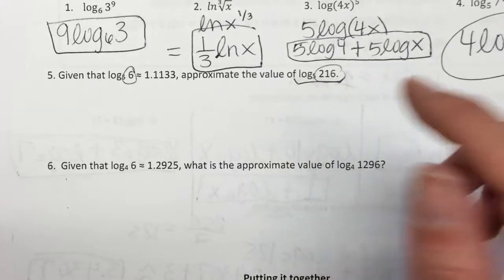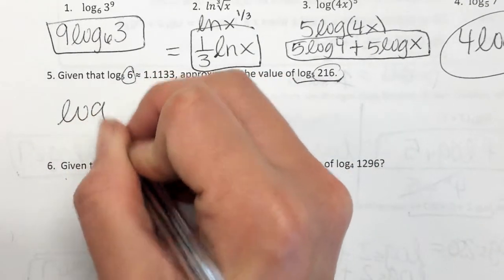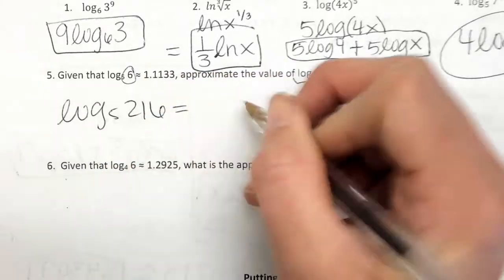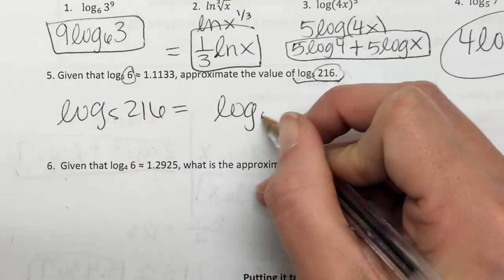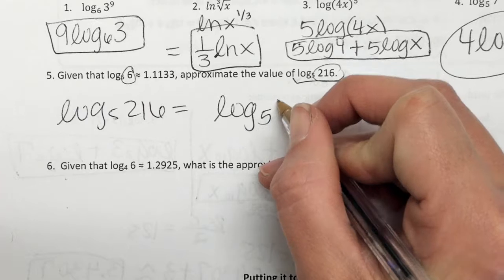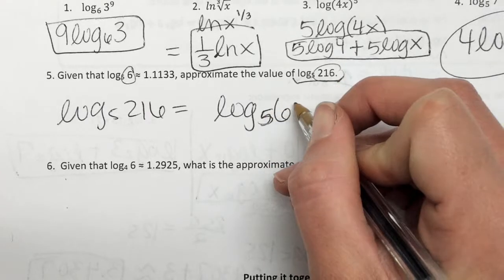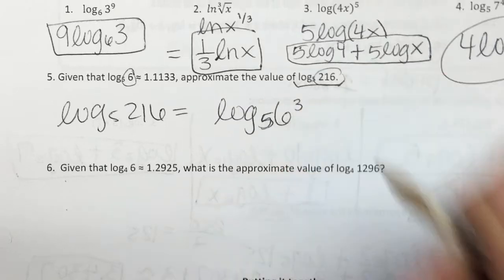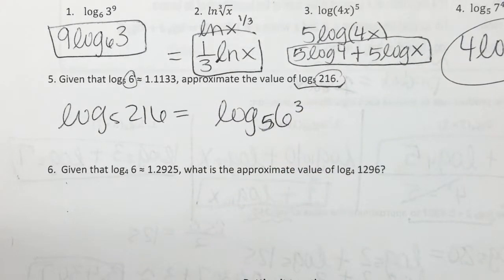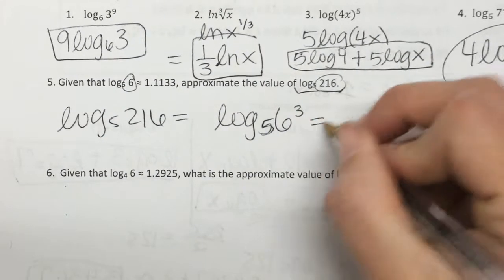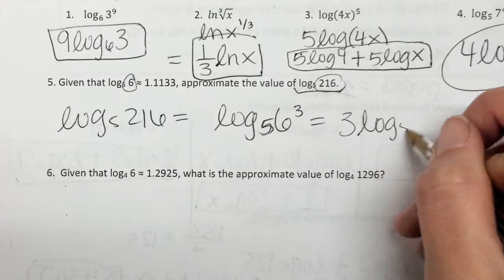Good. So let's rewrite log 5 of 216 as log 5 of 6 to the what? 3rd. Yes, now we move what to the front? The 3. So we got 3 log 5 of 6.